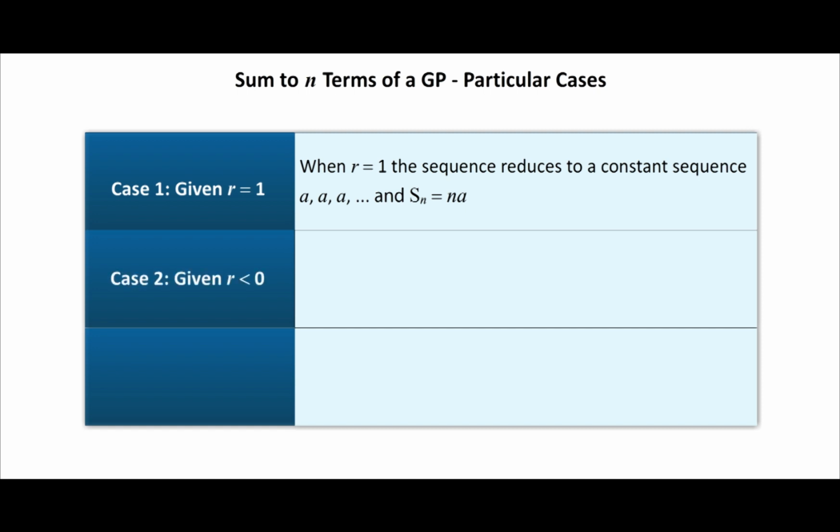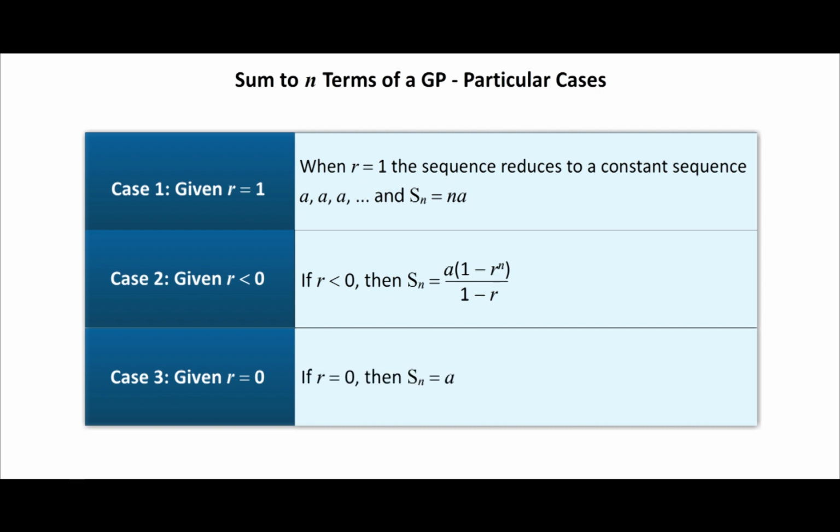Case 2. Given r is less than 0. If r is less than 0, then Sn is equal to a into (1 minus r to the power n) divided by (1 minus r). Case 3. Given r is equal to 0.